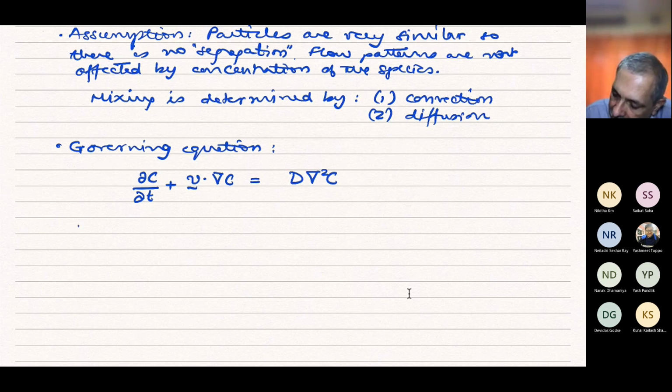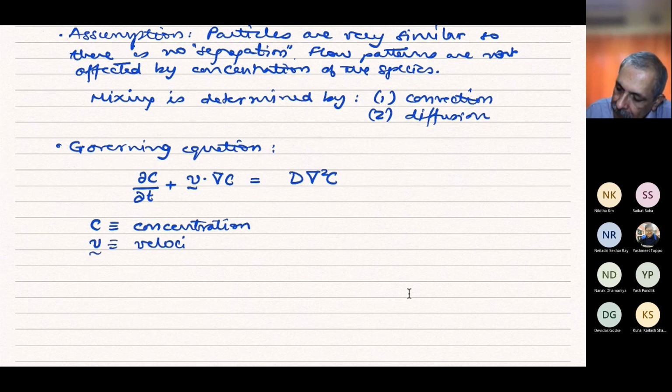Over here, first of all, of course, C is the concentration. This could be the volume fraction or the number fraction or whatever you want to call it. This you decide. V is the velocity field, which is known, and D is the diffusivity.